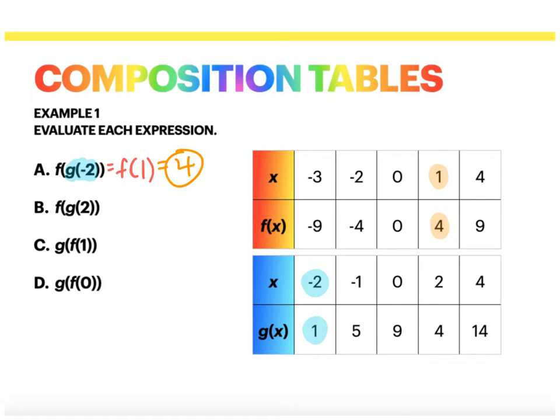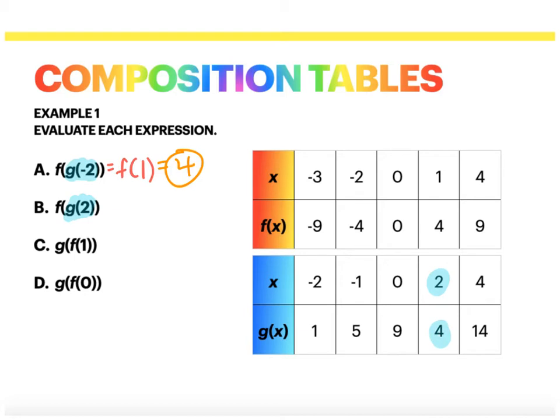Now let's take a look at f of g of 2. So remember, we start with the table on the bottom since our innermost function is g. We find x when it's 2. When x is 2, its g of x is 4.